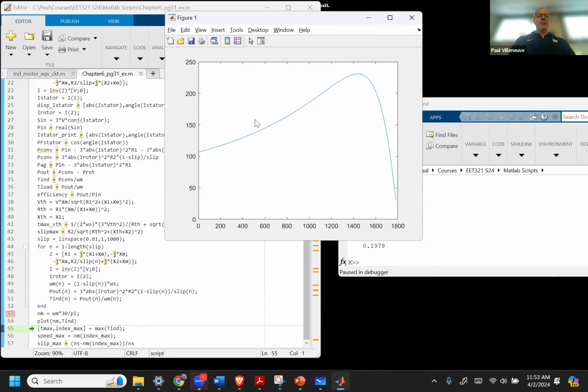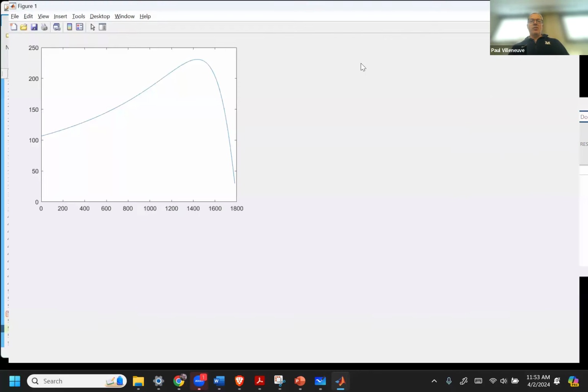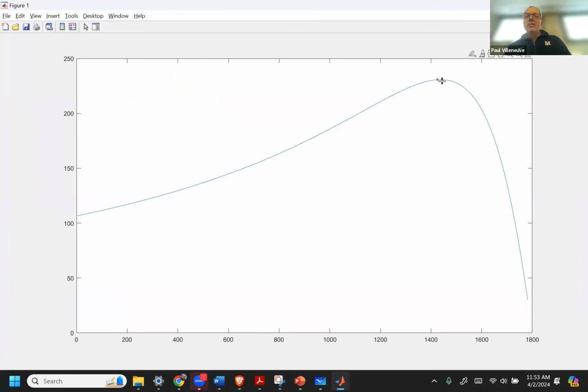Well, it looks pretty good. Let's compare our calculations for 228 and 0.2 and 198 essentially. In MATLAB, you can actually pull out the max points in the matrix. You can also, if you set up your points, actually see the X value is the actual speed, 1,441 RPM, and the torque is 230.8.